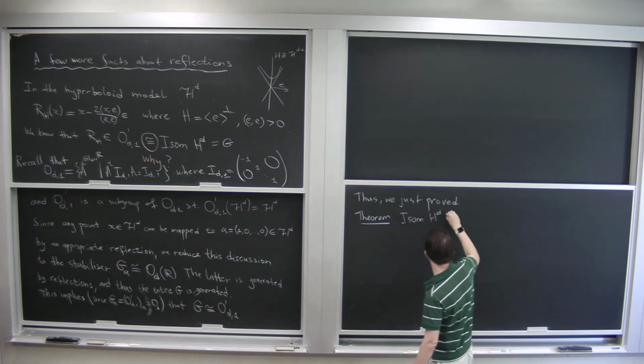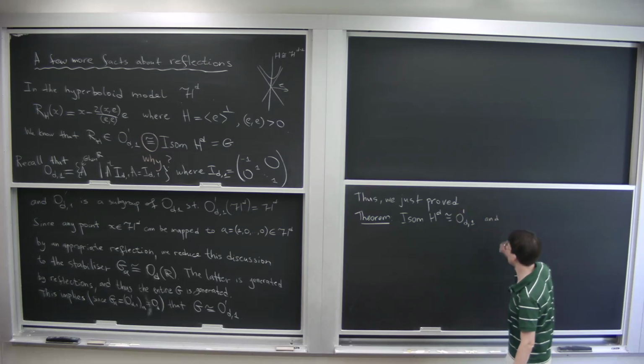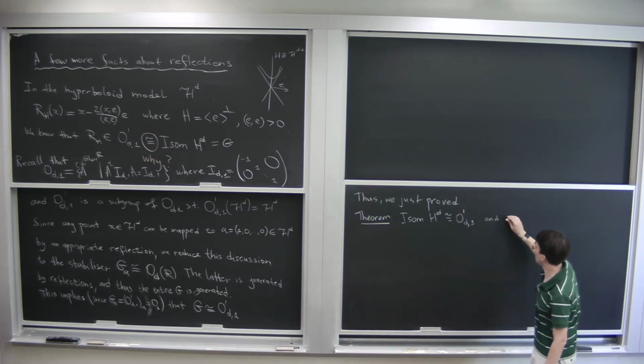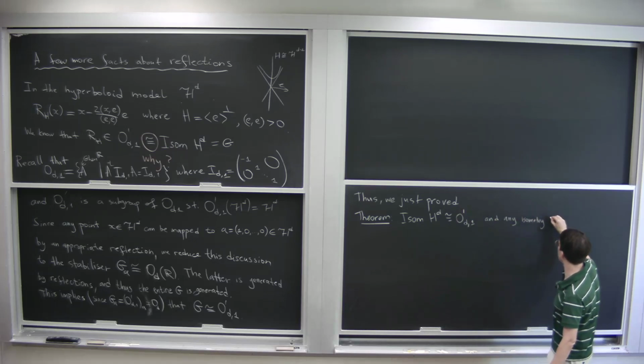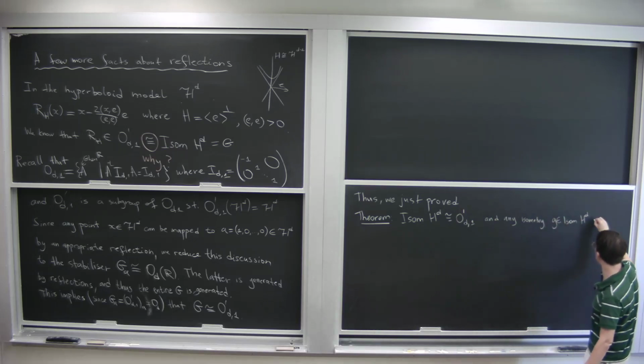Isom HD is isomorphic to O prime G1 and is generated by any isometry G from Isom HD.